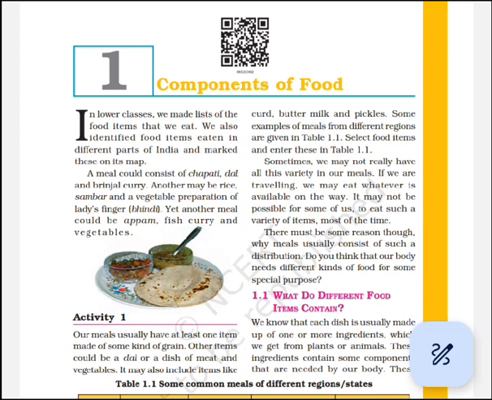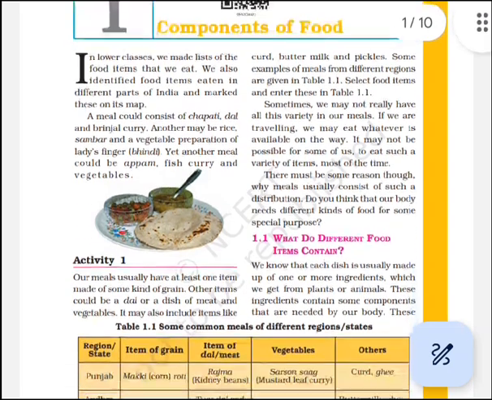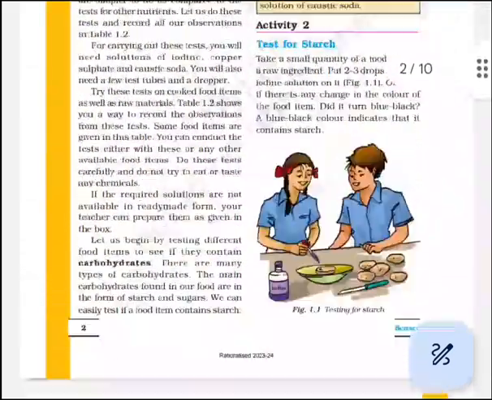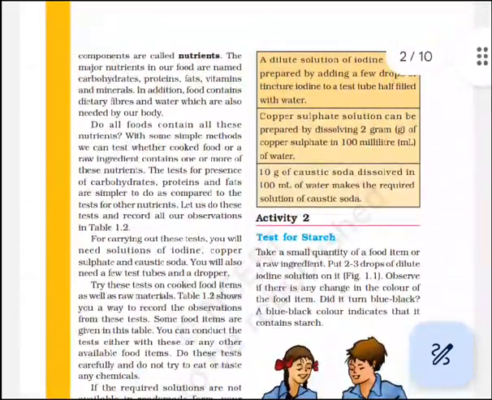1.1. What do different food items contain? We know that each dish is usually made up of one or more ingredients, which we get from plants or animals. These ingredients contain some components that are needed by our body.